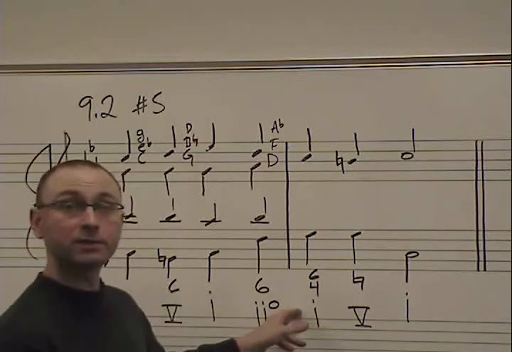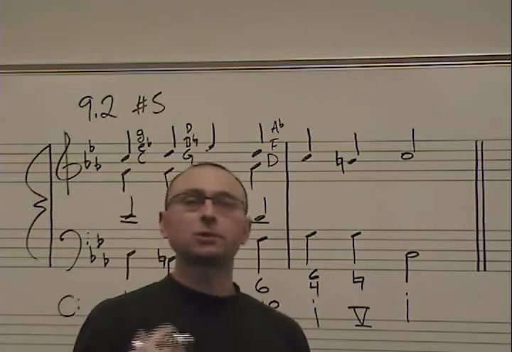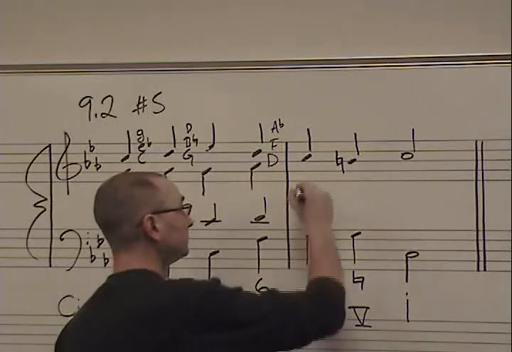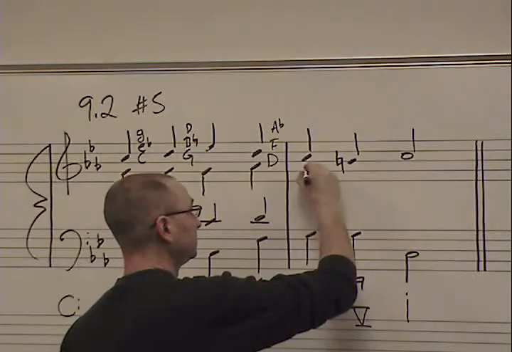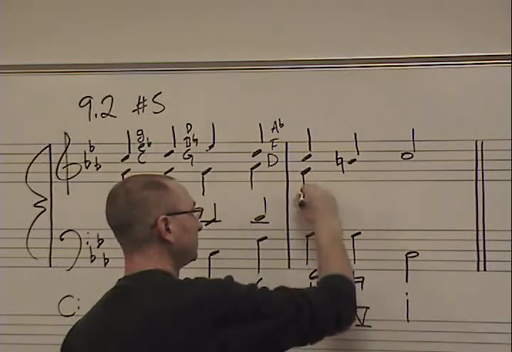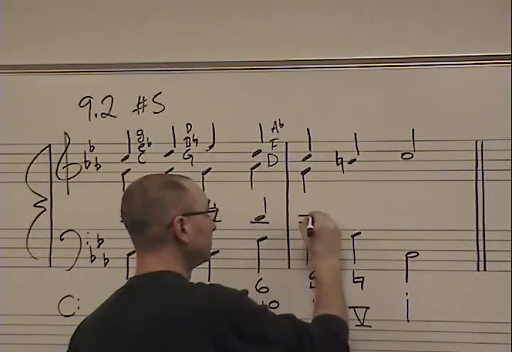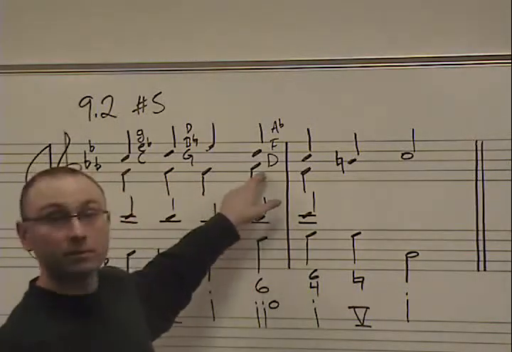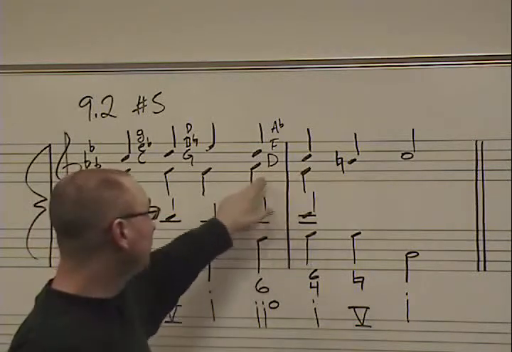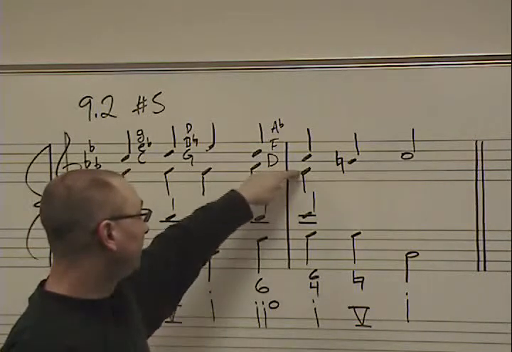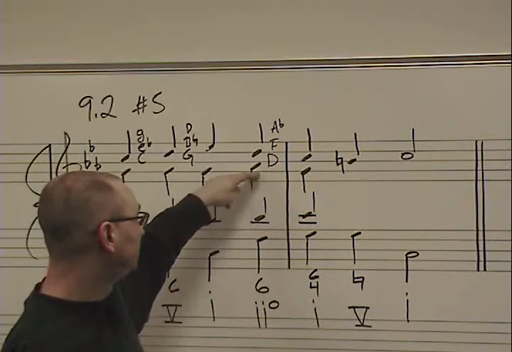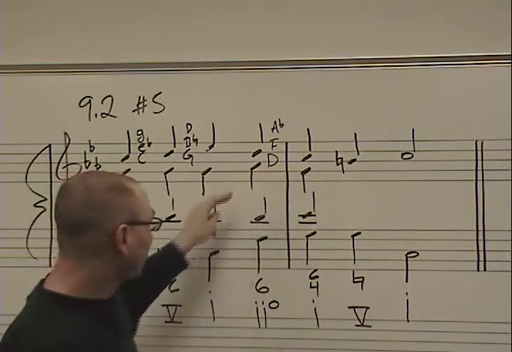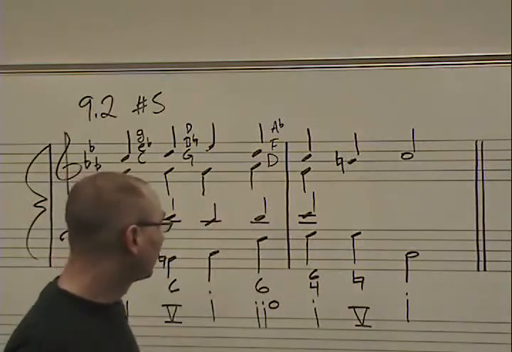Next, 1, 6, 4. With 6/4 position chords, we double the bass. Notice that doubling the bass allowed for the smooth movement of the alto from A flat to G. Likewise, here.